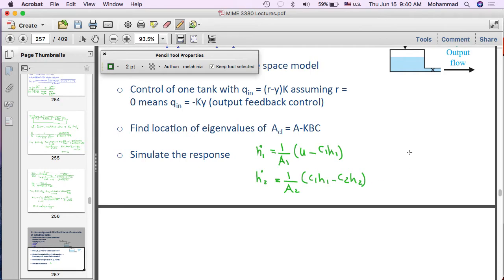Now, the state vector X for this system is made of H1 and H2. These are the two variables that are being differentiated in the two first order differential equations. So that's our state vector. Our output is H2, because we're really interested in knowing the level of the second tank.